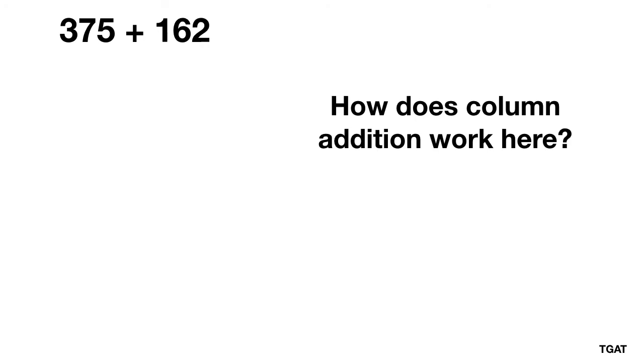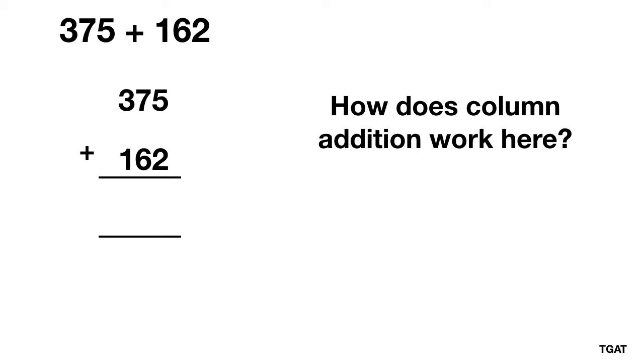We'll start with these numbers: 375 added to 162. And how do we do column addition? We record the digits of each question in columns.